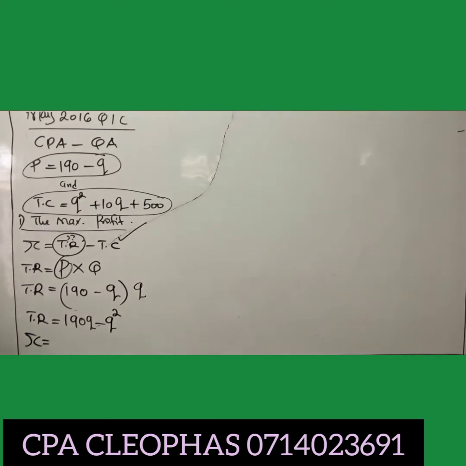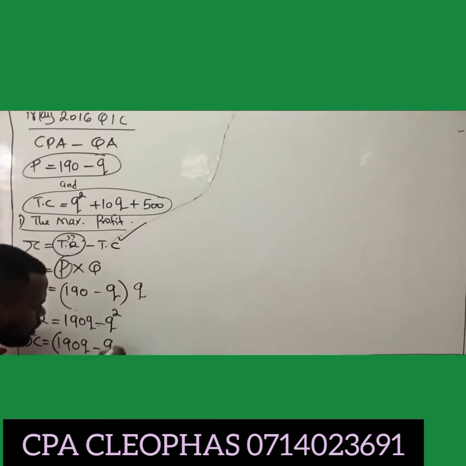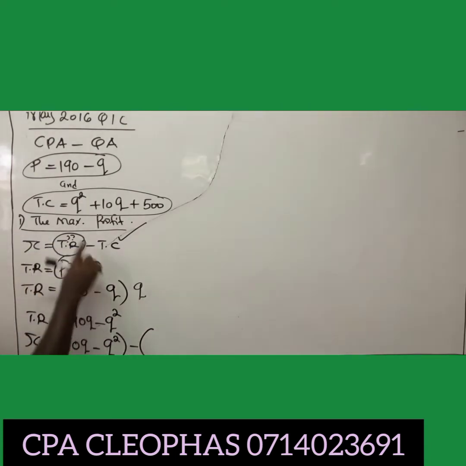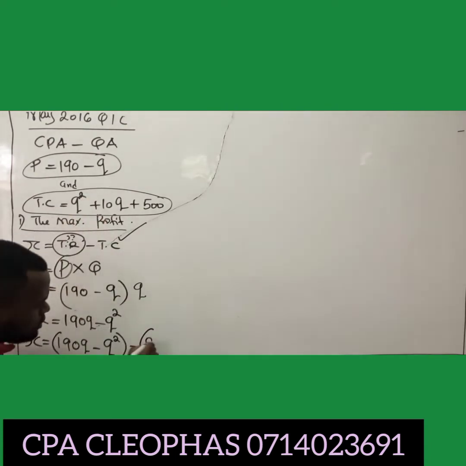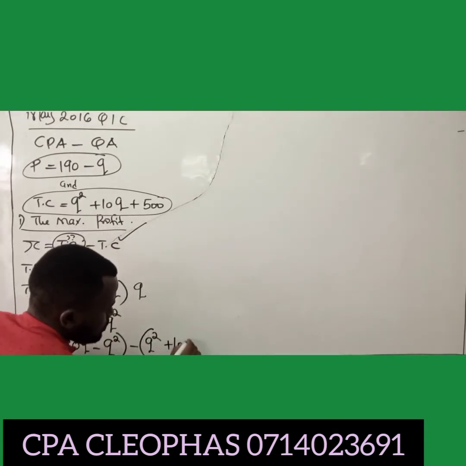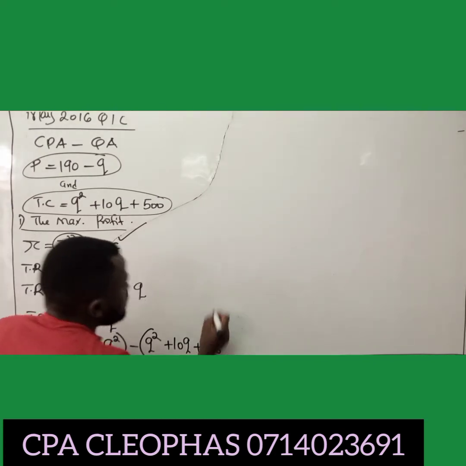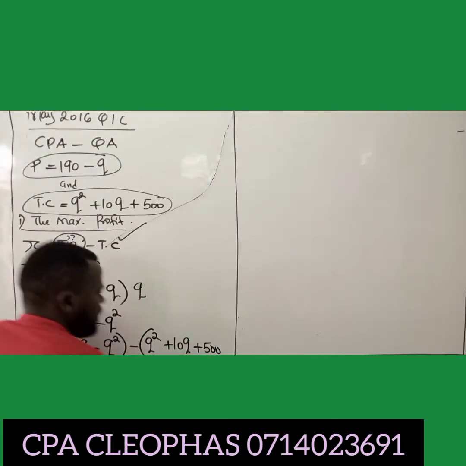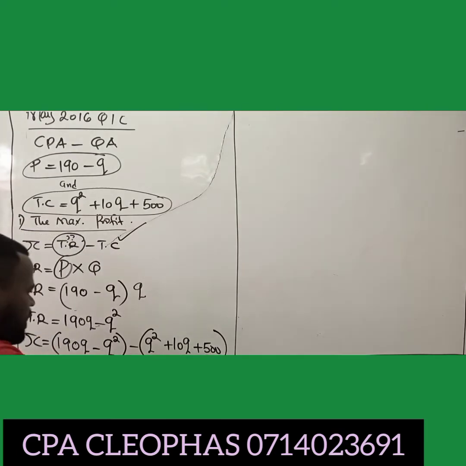Profit, I have said, is total revenue, which is here 190Q minus Q squared, minus the total cost function, which is here Q squared plus 10Q plus 500. So let's now open up these brackets.